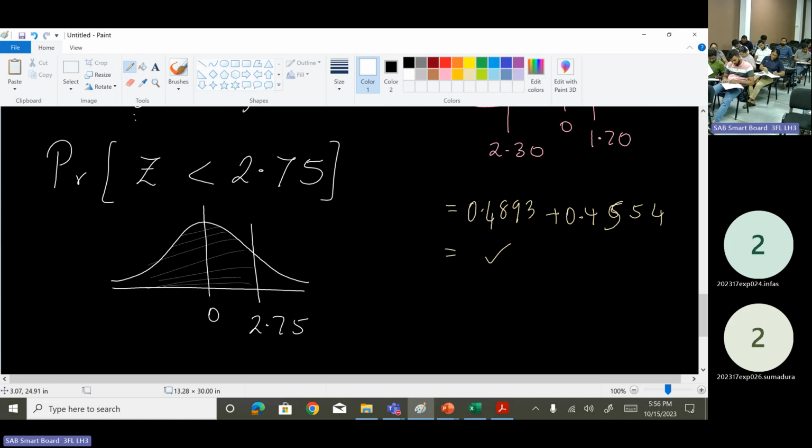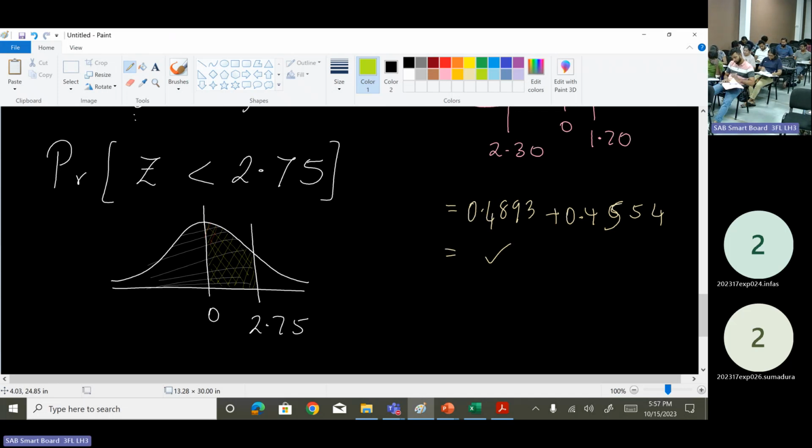So how do we get this? This area we can refer, and this part we can refer. This is the 0.5. So refer to 2.75 and 0.5.